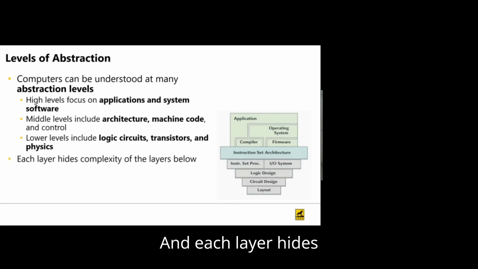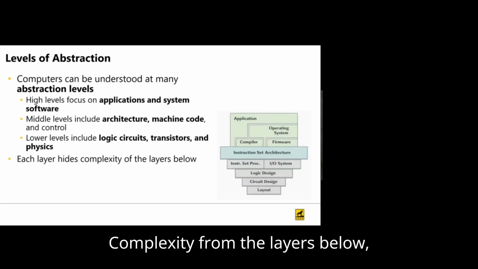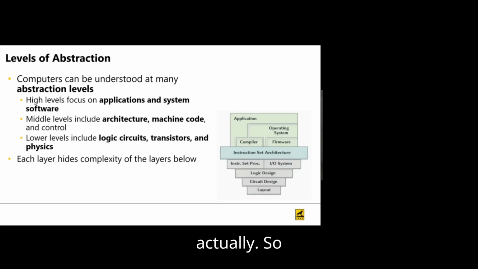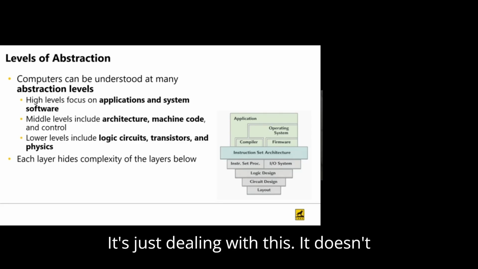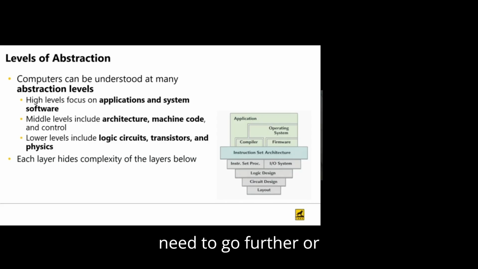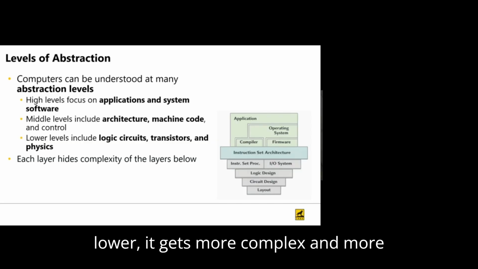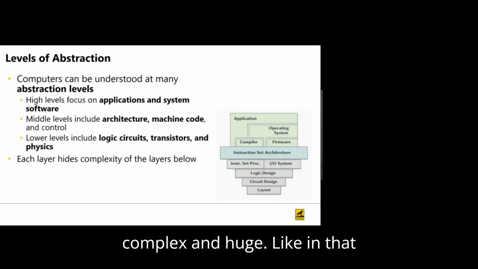And each layer hides complexity from the other layers. Complexity from the layers below, actually. So a person who is designing a compiler is just dealing with this, doesn't need to go further or lower. Because if you go lower, it gets more complex and huge.